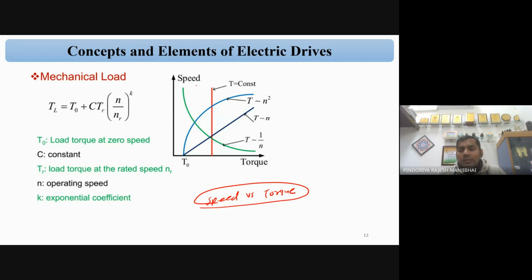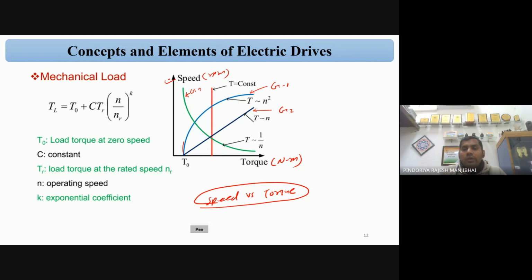You can see on slide number 12, on the y-axis is the speed, maybe in RPM, and on the x-axis is the torque, maybe in Newton meters. You can see we have 3 graphs: graph number 1, graph number 2, and graph number 3.